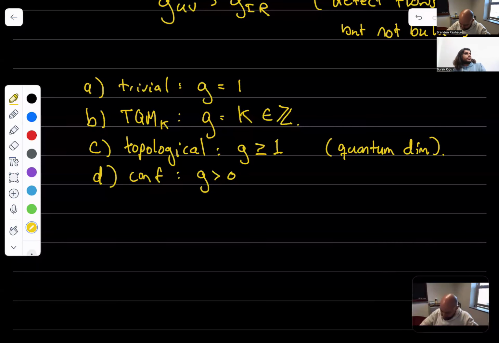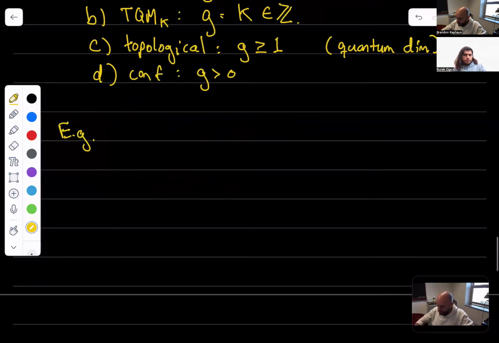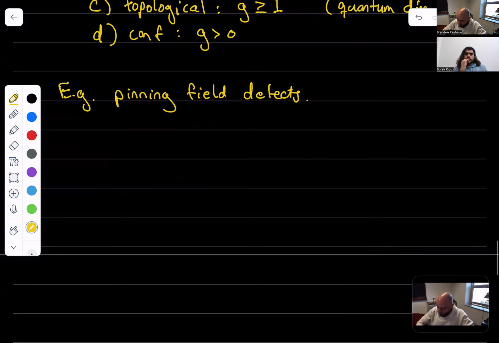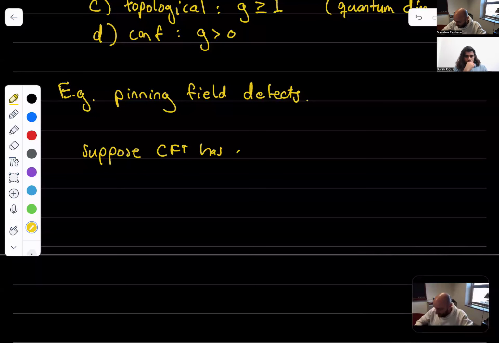Okay, so let's just see an example of how to use the G theorem to constrain the IR phase of a defect. So there's this broad class of examples called pinning field defects. Suppose you have some CFT in the bulk, and it has some local operator O whose scaling dimension is less than 1.